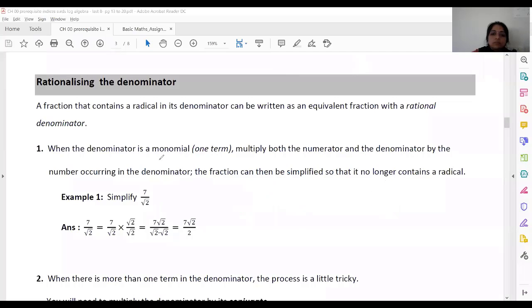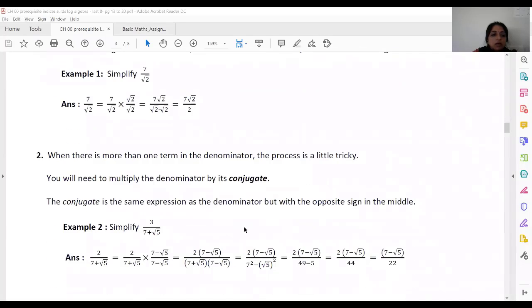Now, if your question is 3 upon 7 plus root 5, dear students, in your denominator there is a mixed irrational number, right? So here, 7 plus root 5, we can say that if your denominator is more than one term, then for the simplification you have to take a conjugate of the denominator.